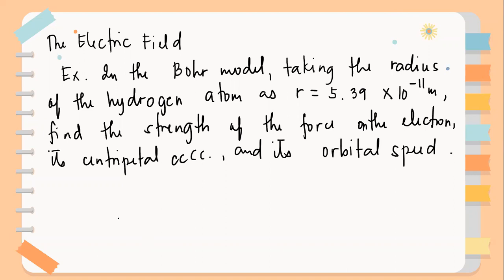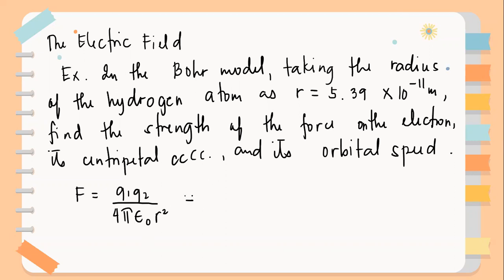Okay. Using the formula from Coulomb's law, we have F is equal to Q1 Q2 over 4 pi epsilon naught, the permittivity of free space, R squared.